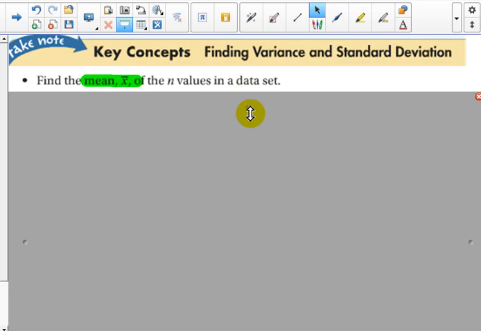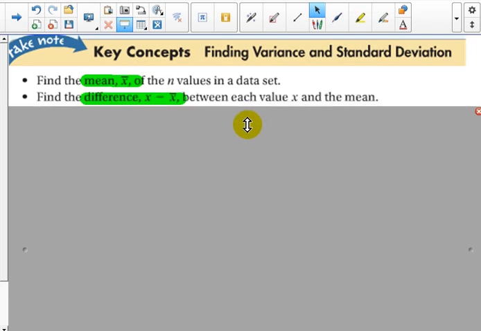Okay, to find the variance and the standard deviation, you have to do certain things in steps. So the first thing you're going to do is find the mean of all the n values in a data set. Then you're going to find the difference, x minus x bar, between each value x and the mean.